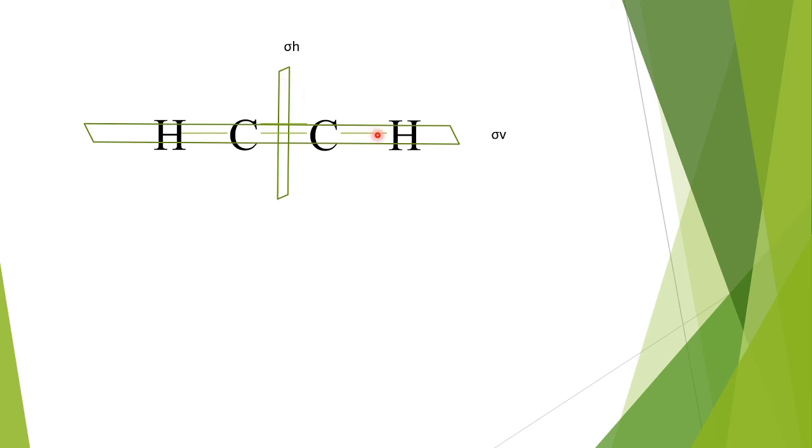So we have the vertical plane of symmetry and the horizontal plane of symmetry, sigma v and sigma h. Now let's see the elements of symmetry possessed by this molecule.